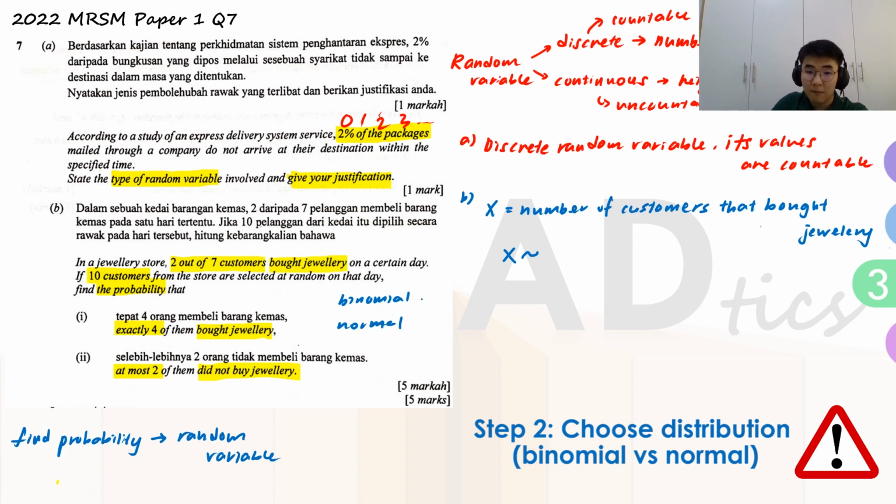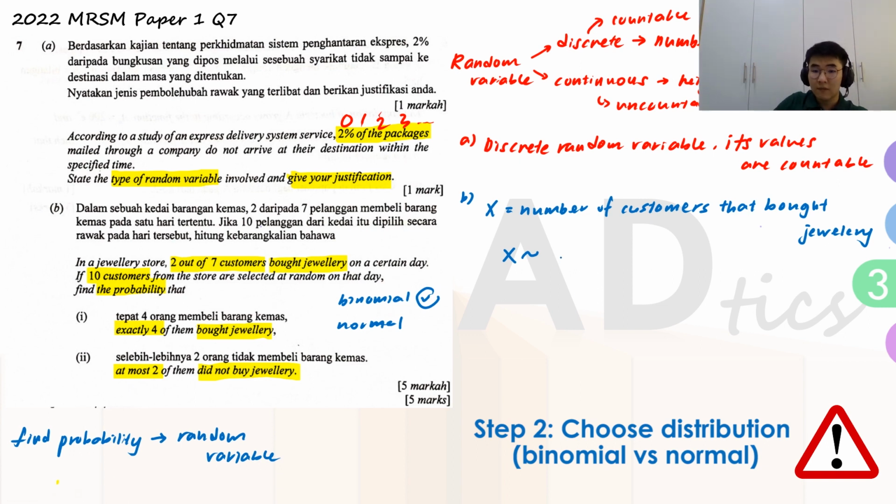For this case, binomial will be more suitable, because for binomial experiments, there will only be 2 outcomes. For example, heads or tails, true or false, or success and failure. In the context of this question, it will be bought jewelry or did not buy jewelry.